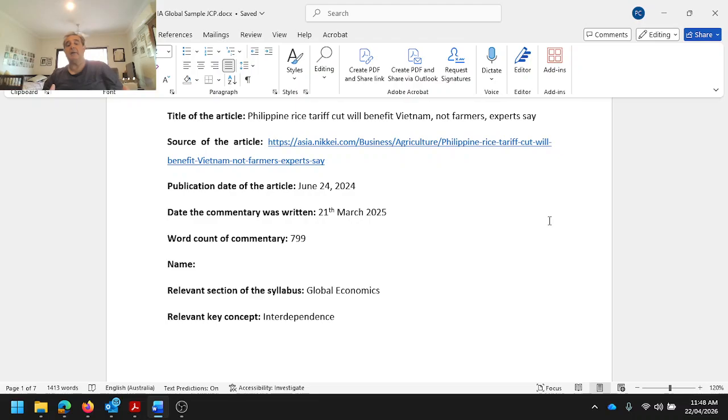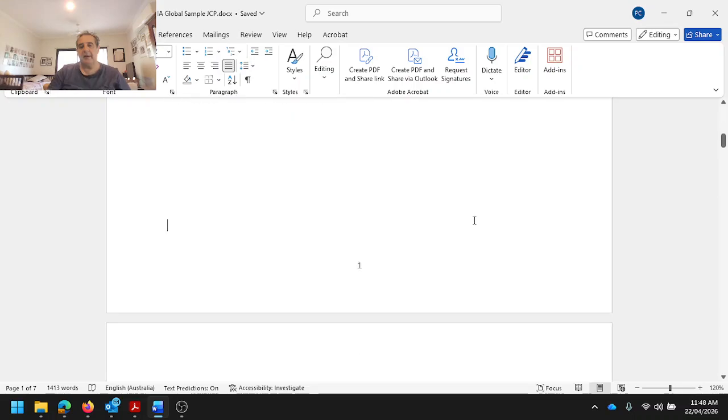So that's what I look at in order to give the 3 marks out of 3 for the key concept criteria. I really look to see if you have unpacked the aspects of the key concept throughout your essay. We'll have a look through this essay to see if it's done it.